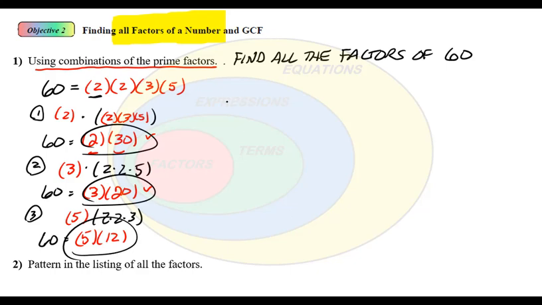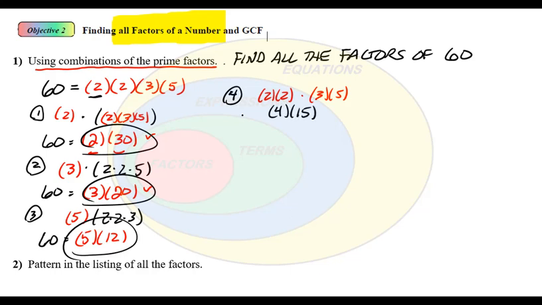If we keep doing this with all the different combinations, maybe we can take combinations of 2. The first two factors, 2 times 2, we group together, and then multiply that times the 3 times 5, and we would have 4 times 15.